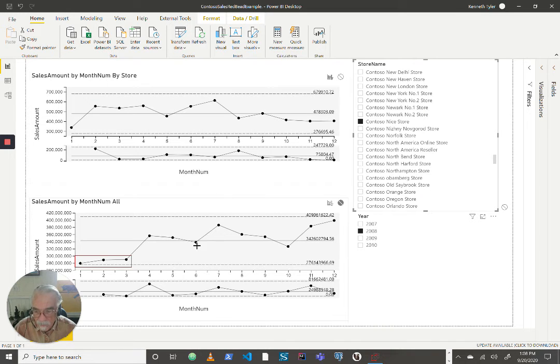Now, if we look down below, we see the sales not for a single store, but for all the stores, the average sales. And we see, if we think about all the stores, that the first 3 months of the year were exceptionally low.